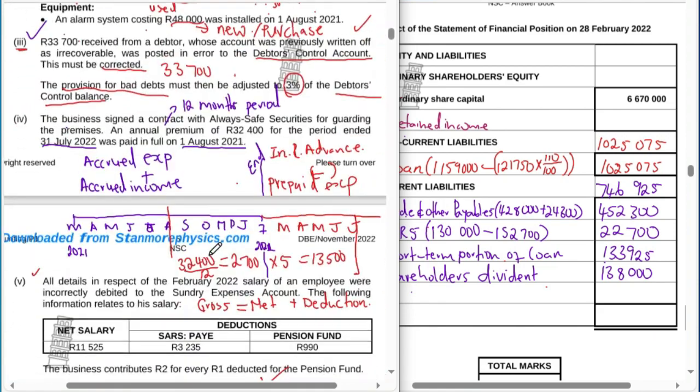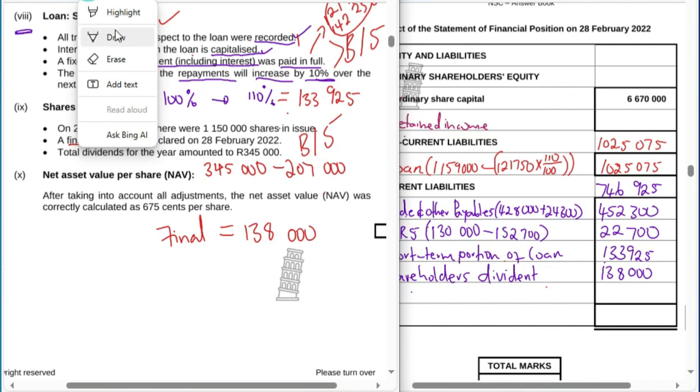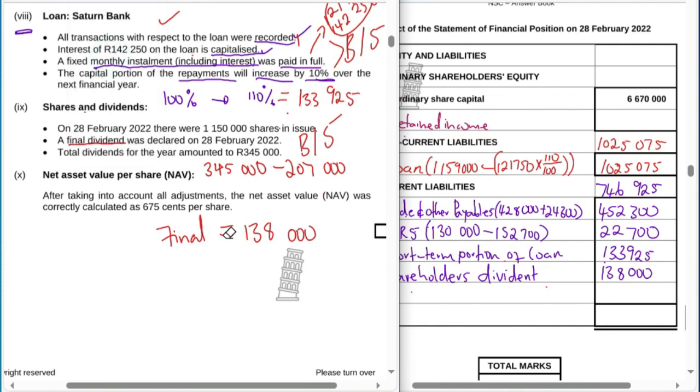And then guys, we have this information: net asset value per share, which is NAV.